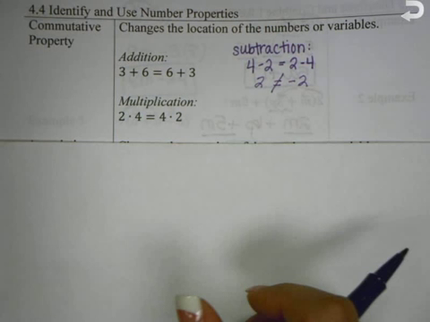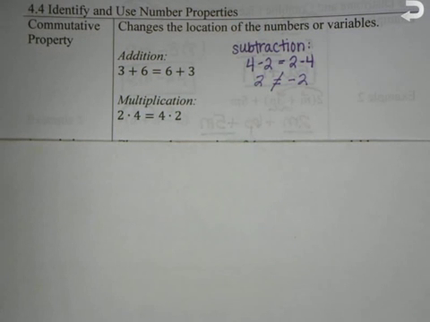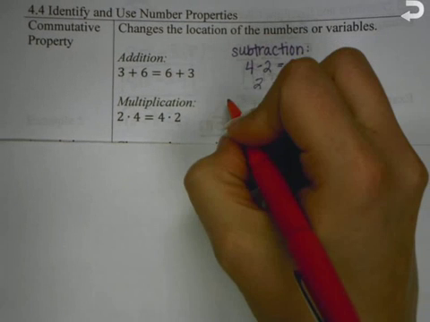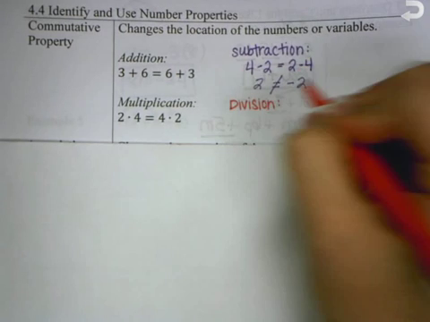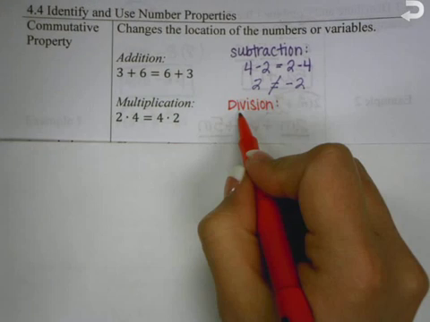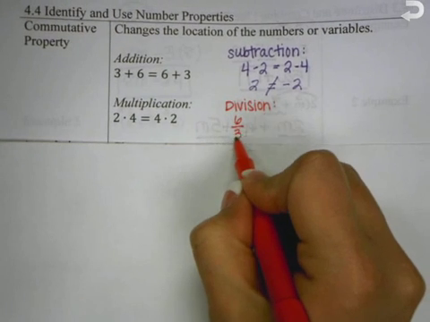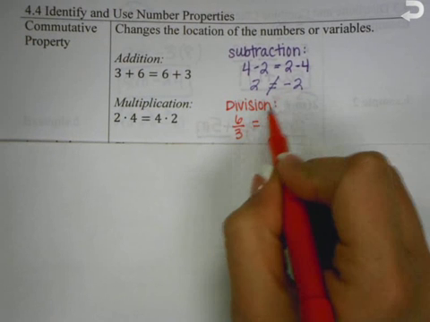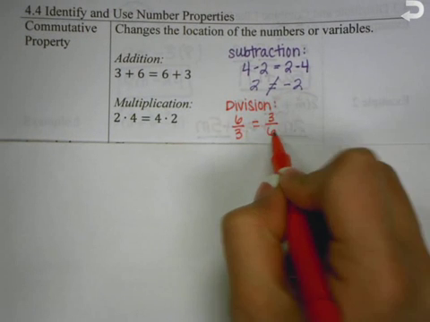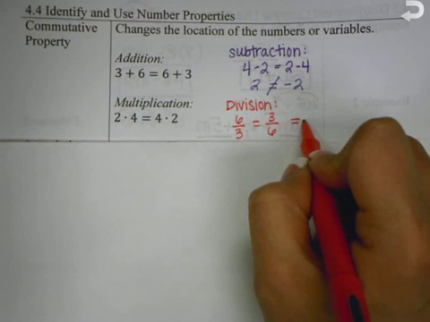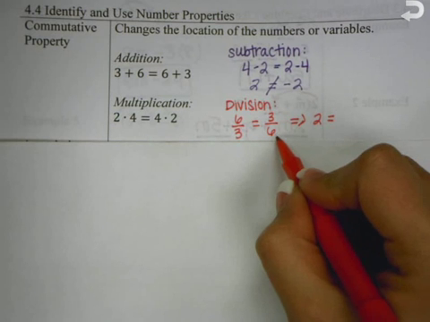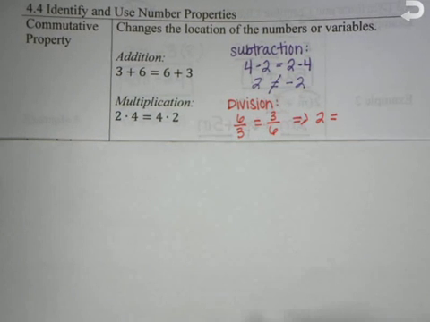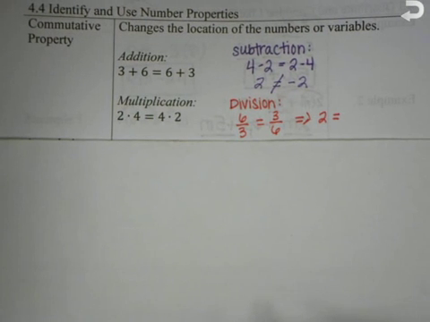What about division? Does order matter there? Yeah, let's try it. Okay, division. Let's do 6 divided by 3. Is that the same as 3 divided by 6? What's 6 divided by 3? 2. And what's 3 divided by 6? Okay, let's reduce this.